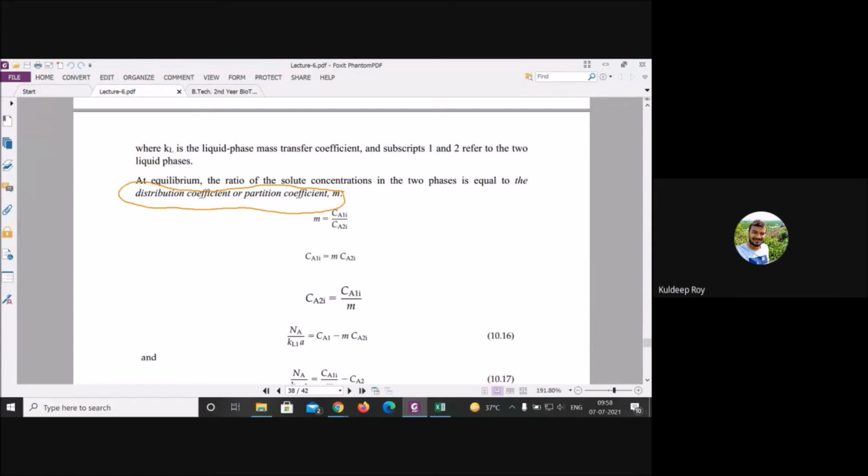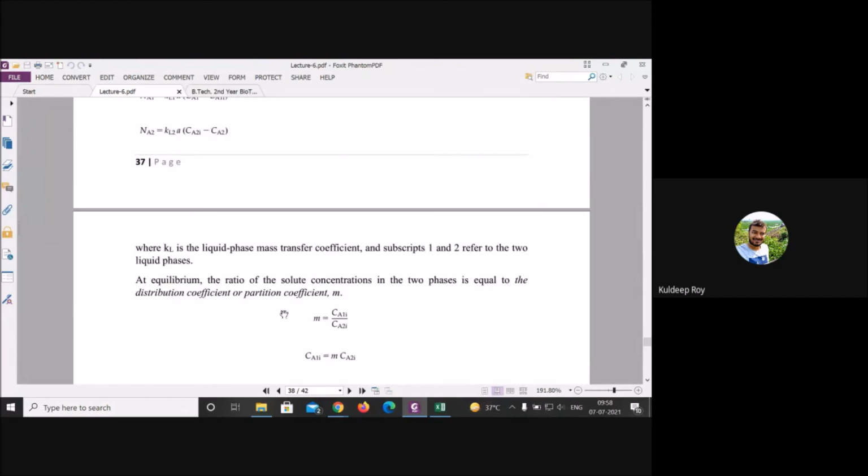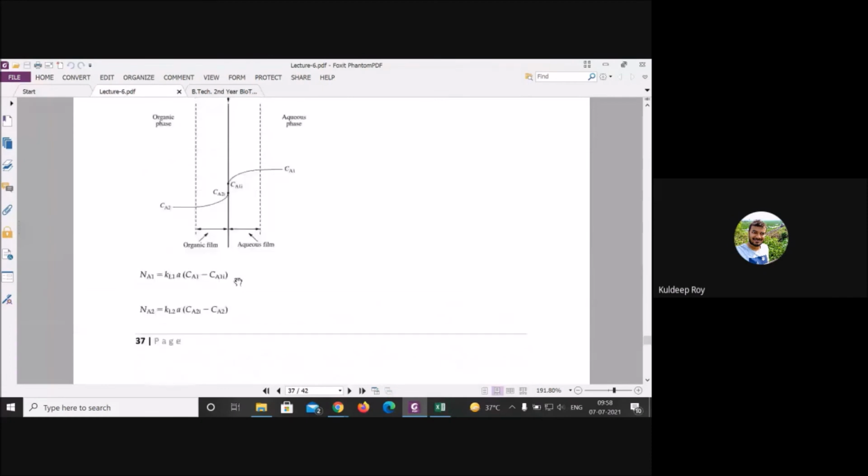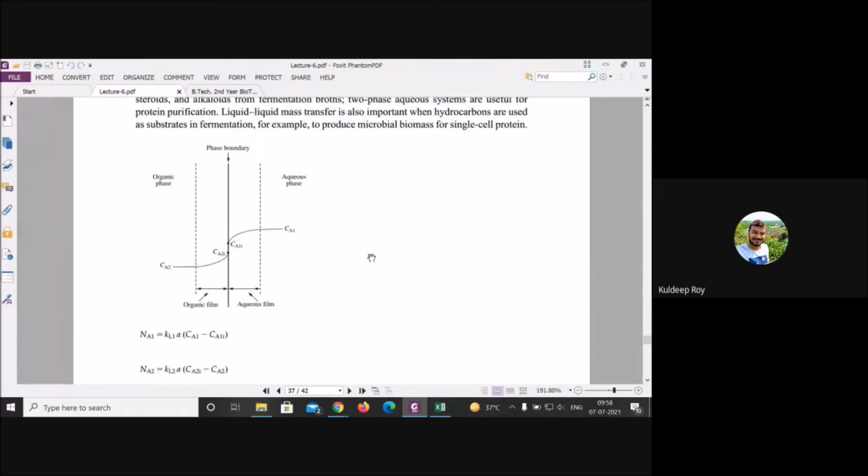This term you have to determine at your equilibrium position. How? In this picture, you are claiming that at this region there should be an equilibrium condition.